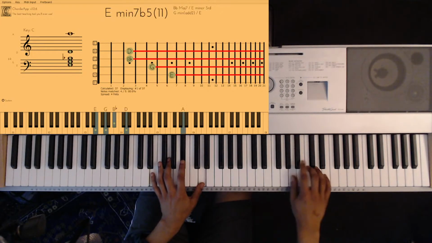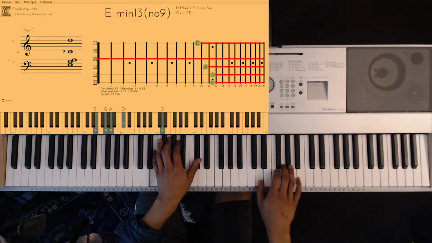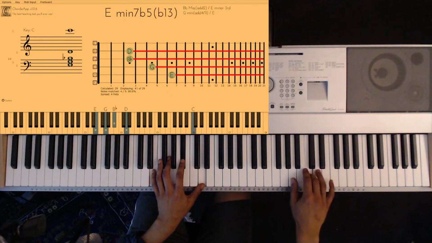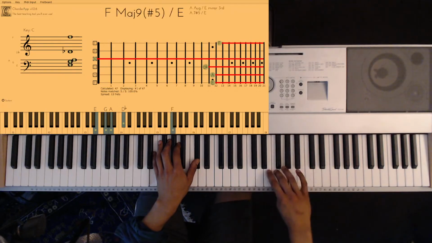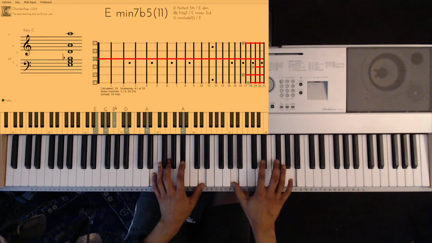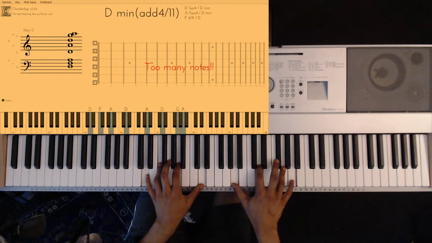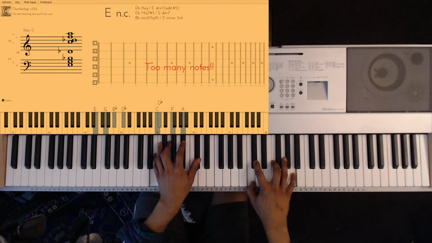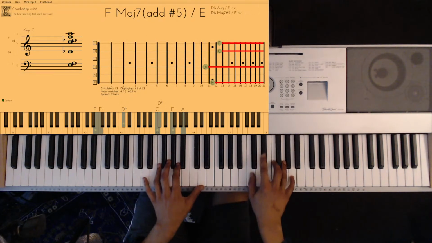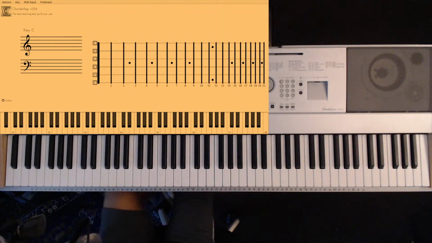Nah, not so sure. I'm speaking of the fingering. Ooh, I like this. Yeah. One sec.